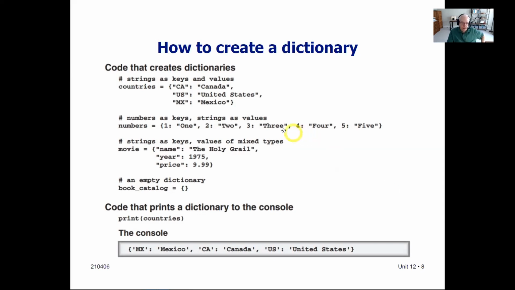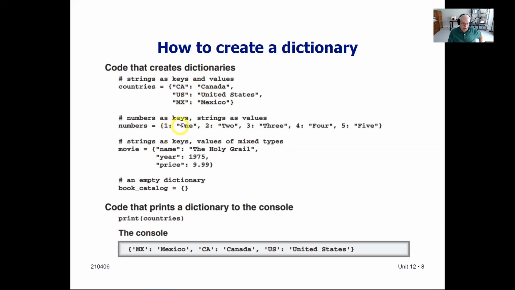And you'll see all through this chapter in the book, that is the way our writer has this set up. So you see that there's a brace on each side of this two-column data set here. And so these are strings. These are the keys. And you know that they are strings because they're enclosed in quotation marks. There's the colon, okay? And then here's the value. These values are also strings.